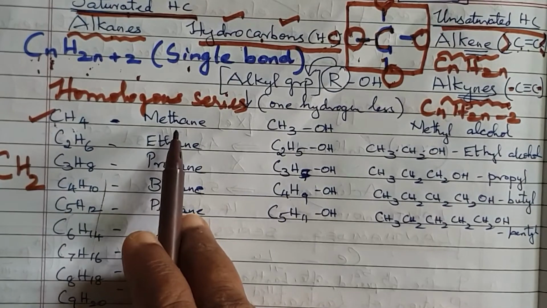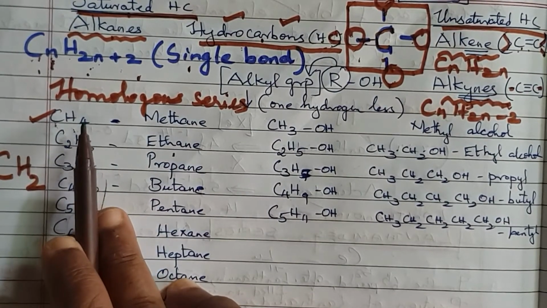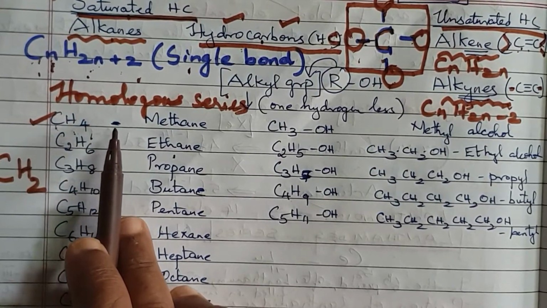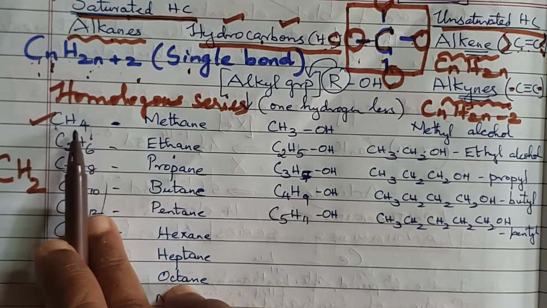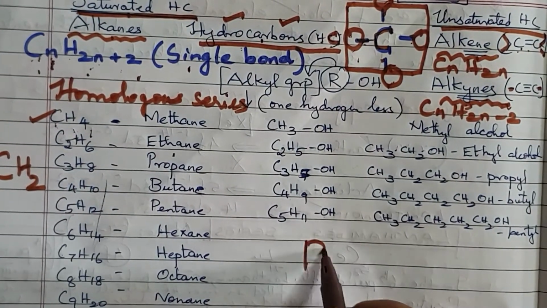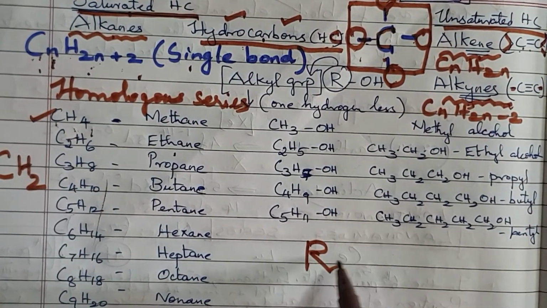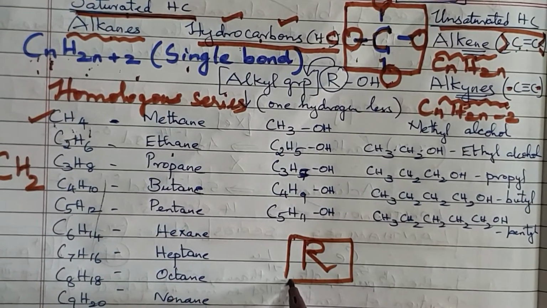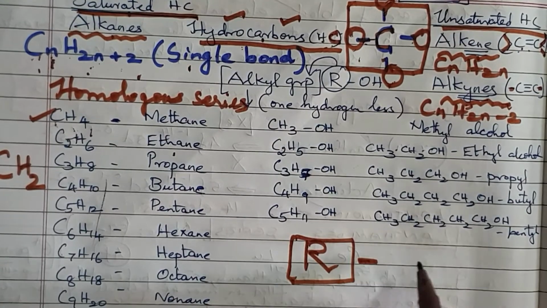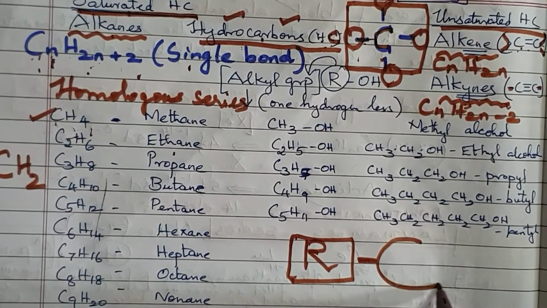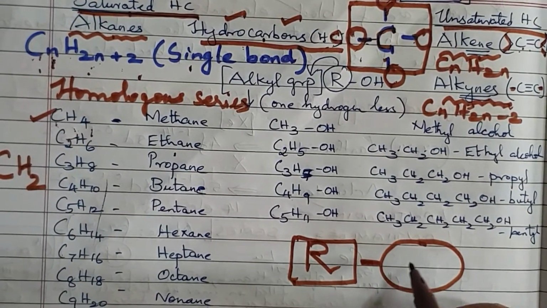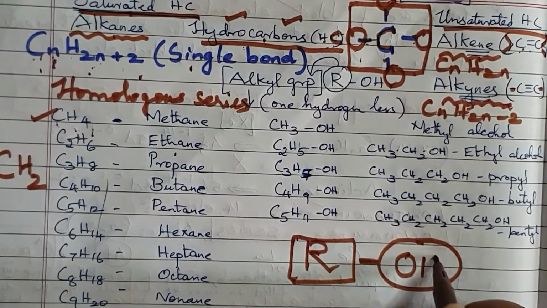Now, if in an alkane one hydrogen atom is removed and substituted by a functional group, the remaining part is generally called an R group, an alkyl group. This alkyl group is attached, I put a bond where it is attached, to a functional group. A functional group here in this case is an OH group.